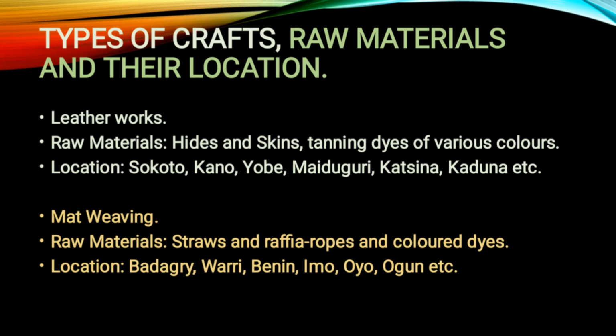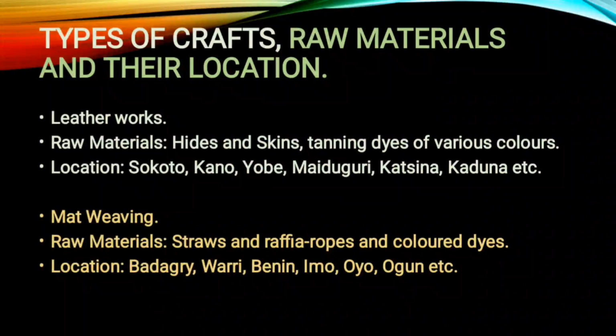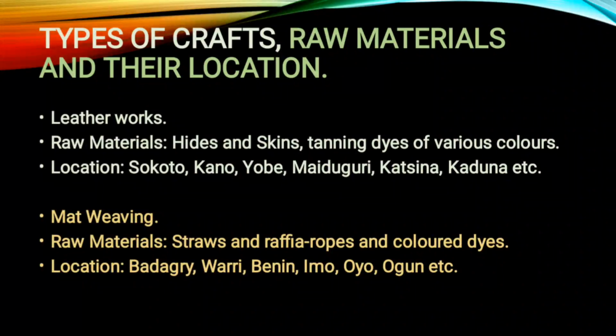We also have tanning dyes of various colors, which are used on the leather after several chemicals have been applied to make it flexible. The locations are Sokoto, Kano, Yobe, Maiduguri, Katsina, and Kaduna states, etc.